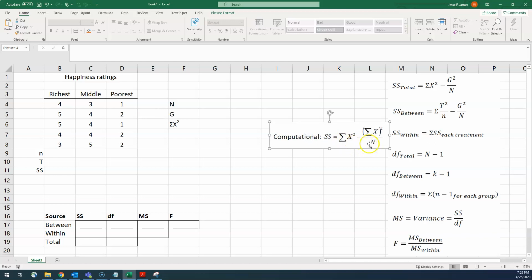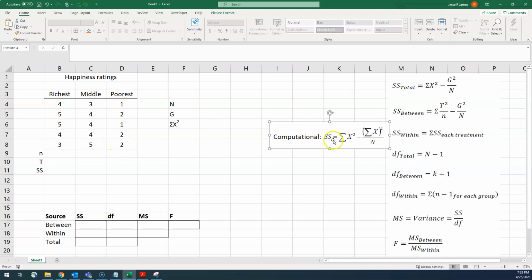You'll notice that in the denominator of this second part of the equation, we've got a big N. The reason we have that is because when we were first learning how to compute the sum of squares, we were learning about it for populations, and so I had put this big N in your formula sheet. But in this ANOVA situation, the big N represents all 15 of these scores.